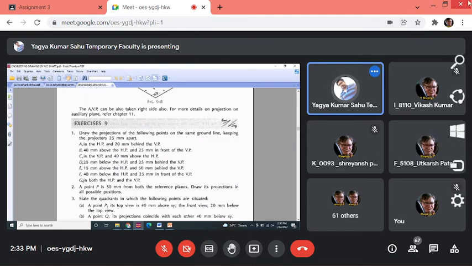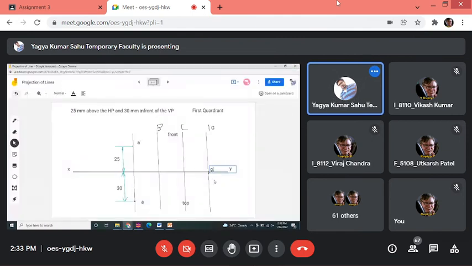Where should it come? On the reference line is point G. This one is the reference line. Very good. So you'll get both projections at a single point like this here. This is nothing but the front view as well as the top view.